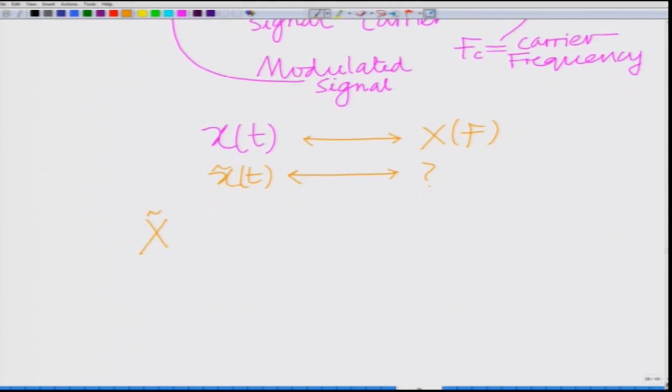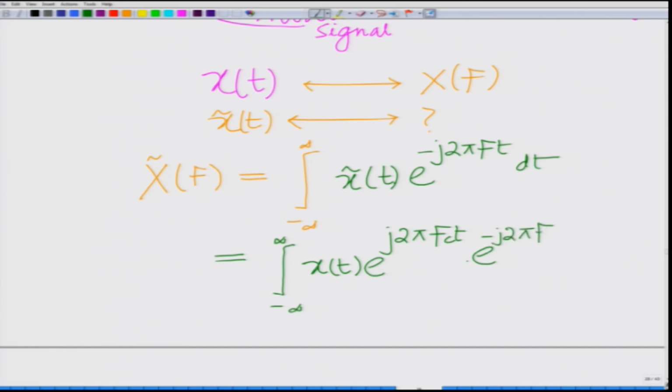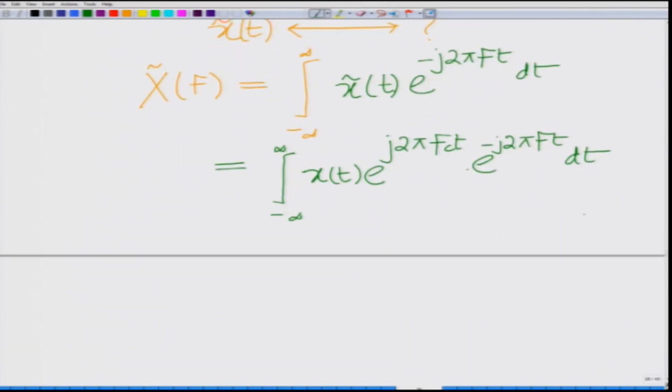Well, x tilde f equals the integral from minus infinity to infinity of x tilde t e to the power of minus j 2 pi f t dt, which, substituting the expression for x tilde t, is the integral of x t e to the power of j 2 pi f c t e to the power of minus j 2 pi f t dt.